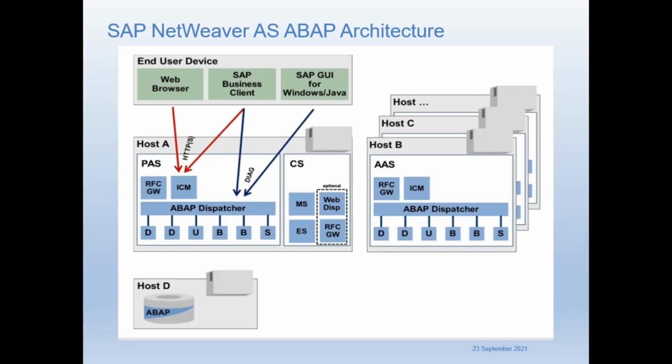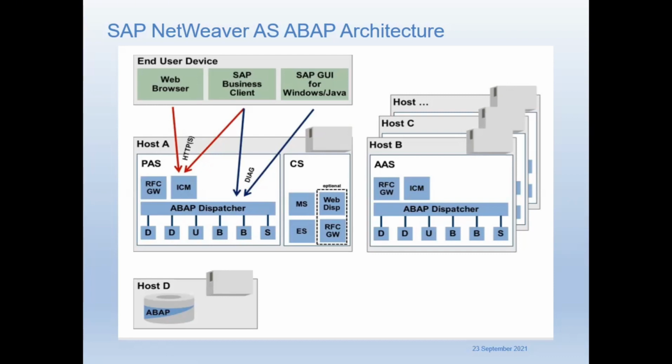All the requests will be kept in the dispatcher queue. Whether 100 requests or 200 requests are coming, the dispatcher will take them and keep all of them in the dispatcher queue. There is a queue here.